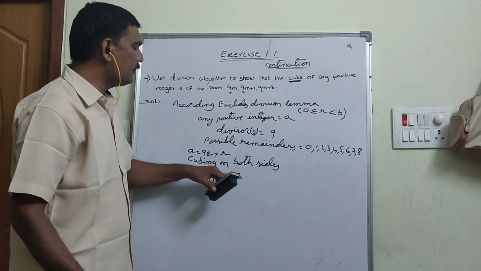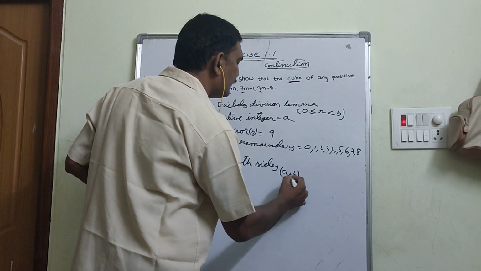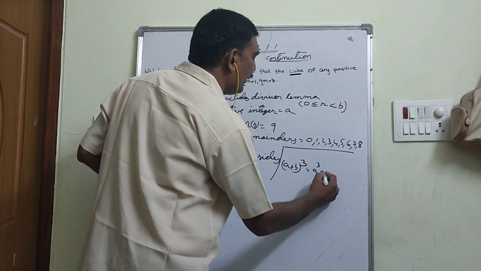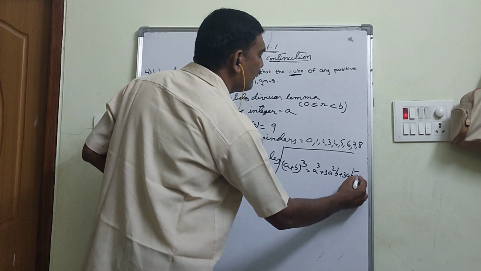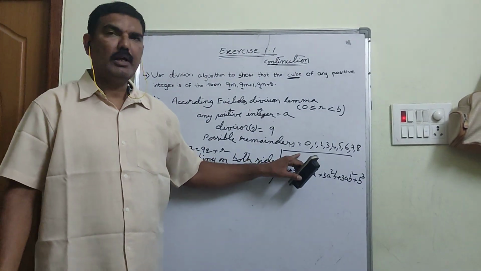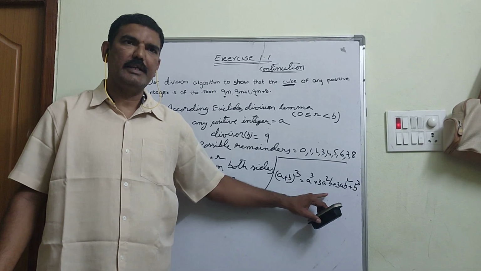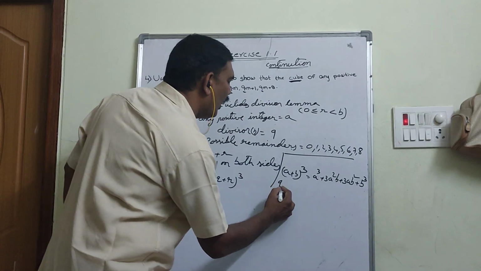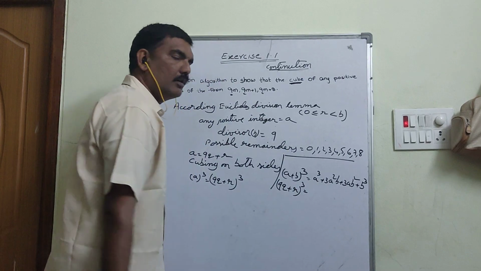So for a plus b whole cube, we should know the formula. Its formula is a cube plus 3a square b plus 3ab square plus b cube. Now I want 9q plus r whole cube.